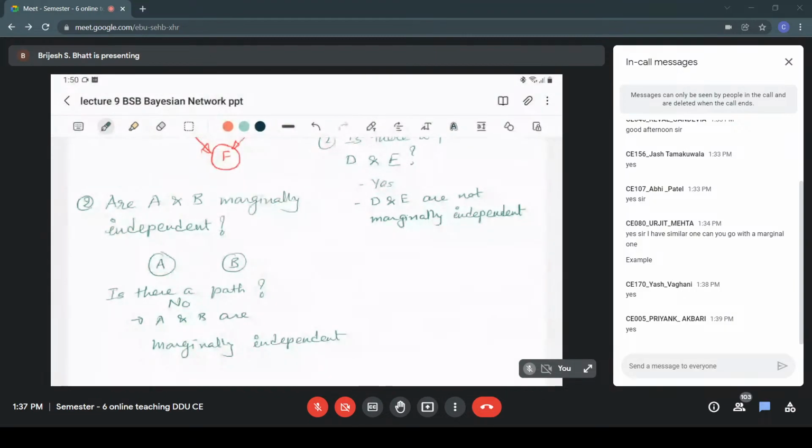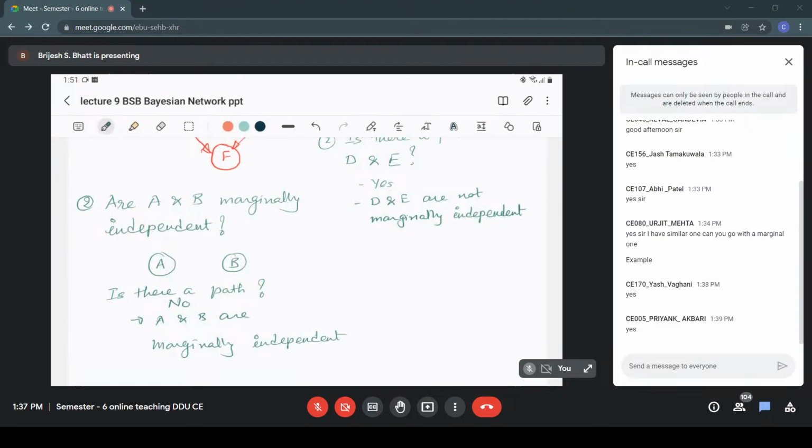So after this, we cannot infer that they are dependent on each other, but we are just saying that they are not marginally independent or they are marginally independent. Indirectly, you can say that if they are marginally not independent, they are somehow dependent. But the algorithm is limited only to detecting independence. So that's why D and E are not marginally independent, A and B are marginally independent.